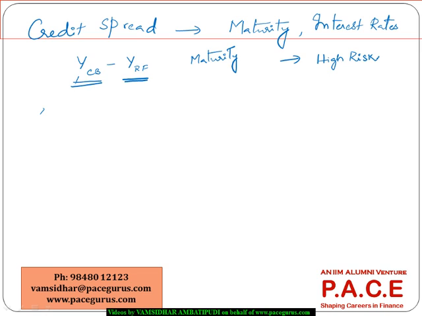The simple way we try to express it, especially when it is not an annual period: if it is on a yearly basis, yearly maturity, I could have taken this as straightforward as this. But otherwise, the generalized form I am looking at is, on a continuously compounded basis, the logarithm of the current value of the debt divided by the face value of the debt, over a t-year period.